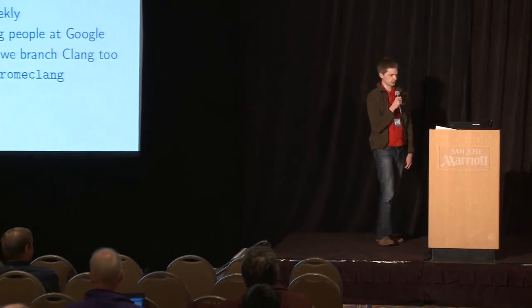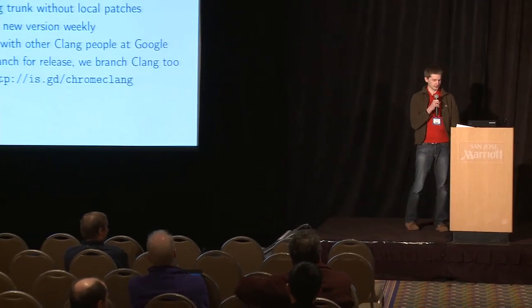We basically want the latest and greatest stuff straight away. And also, if we do contribute something upstream, we like to get it back within a week so we can use it straight away. So what we do is we pick a revision each week, pull that in, compile all of Chrome, run our tests and so on, and coordinate a little bit with other people at Google who know things about Clang. And if it looks good, we build it and upload it to this server, which is actually a public server, so you can use it if you like.